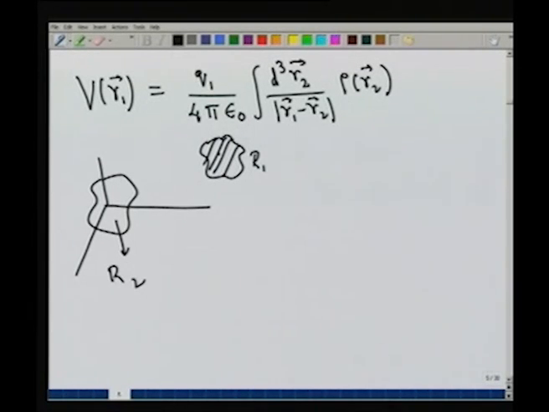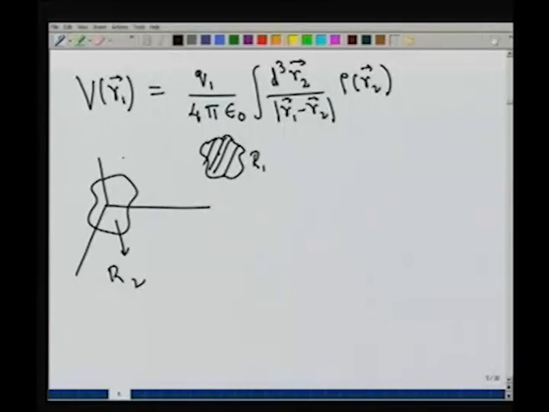Therefore, I have to calculate the potential at every point r1 in the region R1 and I should perform an integration. And of course, every point r2 in the region R2 is going to contribute. I am not going to spend too much time insulting your intelligence by trying to derive the expression. Let me write it straight away.